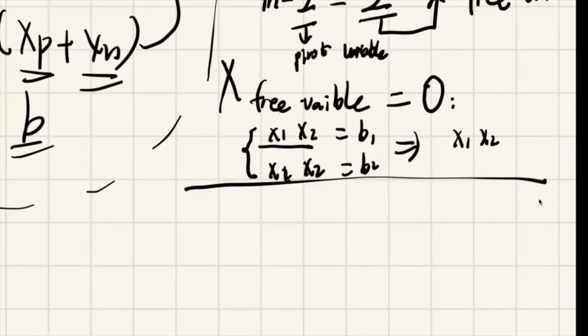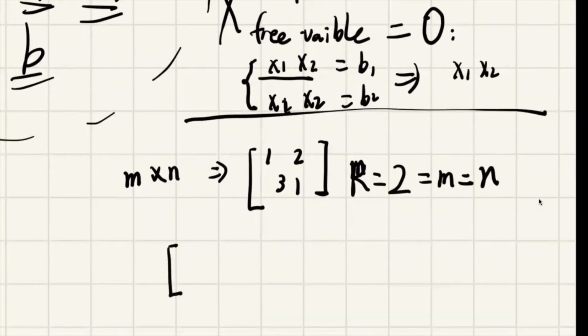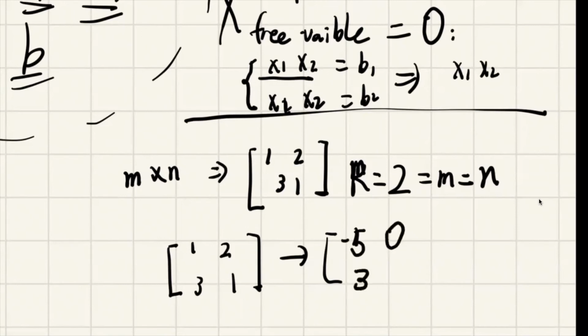And the third case is where the matrix is a square matrix, like 1, 2, 3, 1. In this one, the rank equals 2, equals m, and equals n. And of course, this one is simple. We can make the 2 into 0, so we just do something like minus 5, 0, 3, 1.